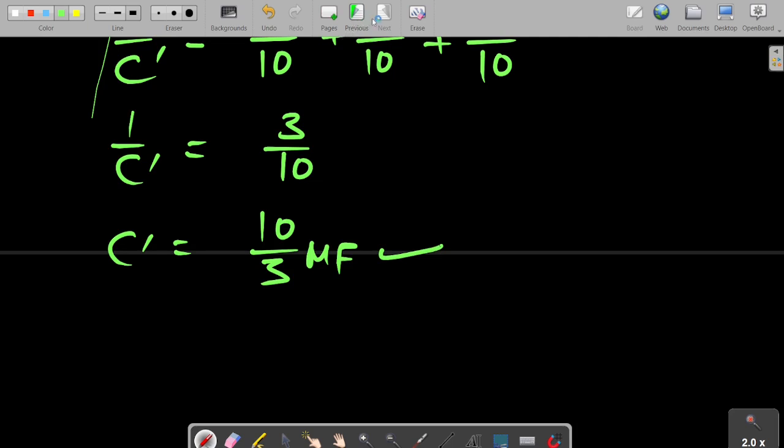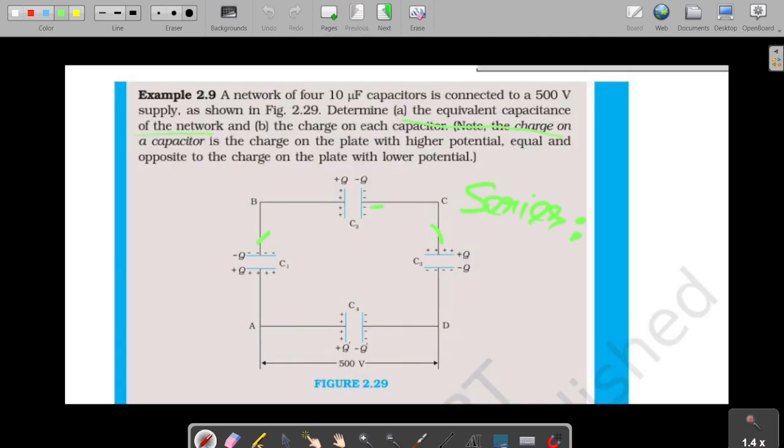Now if we see the figure carefully, we have to determine the equivalent capacitance of the network. We have got the equivalent capacitance C dash of C1, C2 and C3. Now C4 is in parallel with C1, C2 and C3.